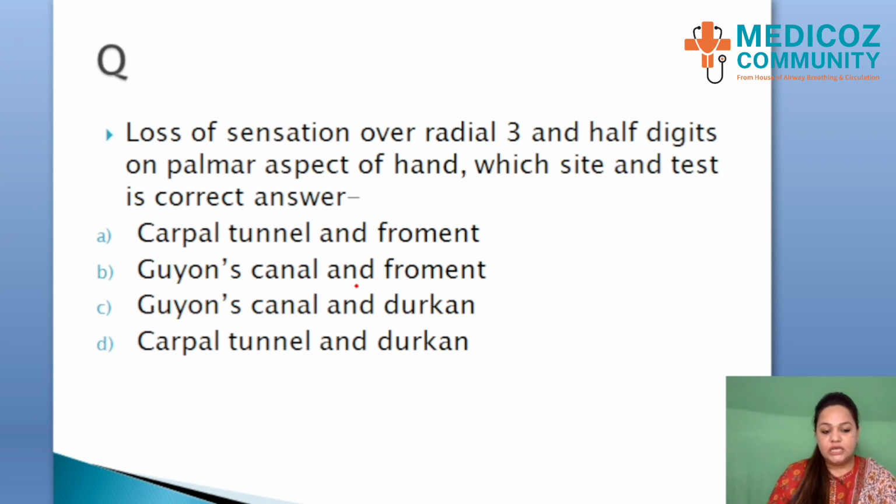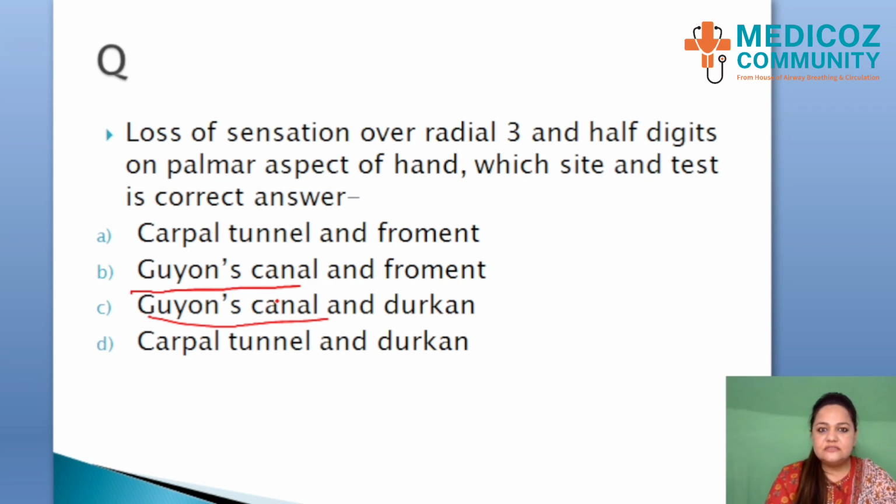Now the options are carpal tunnel and Phalen test, Guyon's canal and Phalen test, Guyon's canal and Durkan test, and carpal tunnel and Durkan test. Now we all know it is through Guyon's canal that the ulnar nerve passes, and there can be entrapment of the ulnar nerve there.